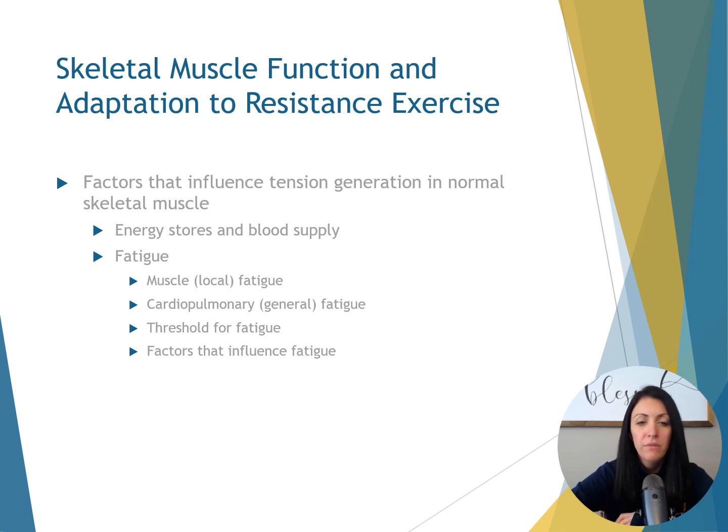So there are some different factors that influence the tension generation in normal skeletal muscles, depending on the amount of energy stores and blood supply, fatigue, so muscle fatigue, cardiopulmonary fatigue, threshold to fatigue, and other factors.